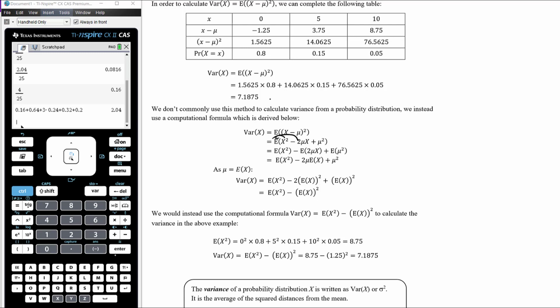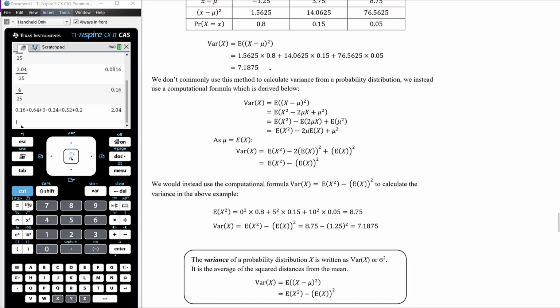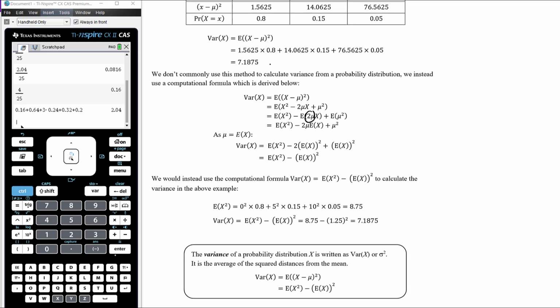So expected value of X squared minus expected value of 2 mu X plus expected value of mu squared. Okay, this is a number, we'll talk a bit more about this later, but that can come out of here, so that's just 2 mu times the expected value of X, and the expected value of the mean squared, that's just a number, so that is just the mean squared.